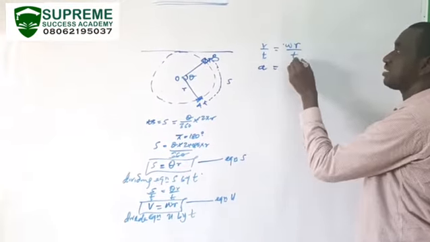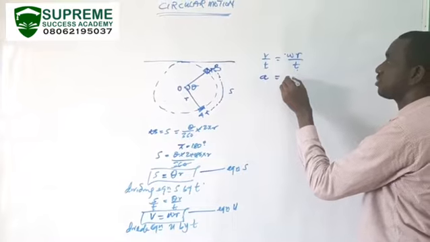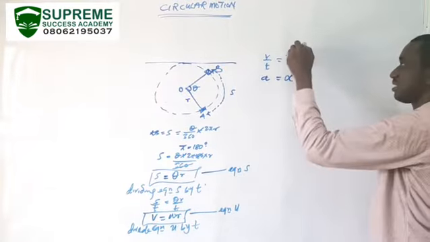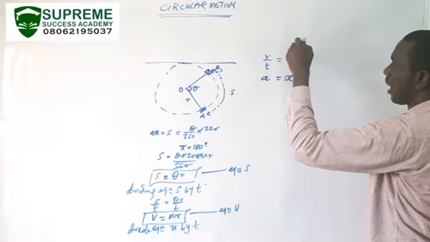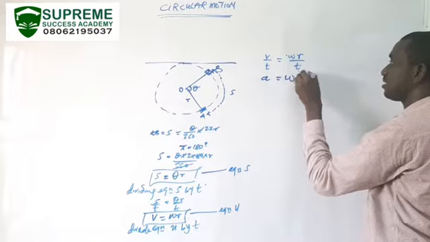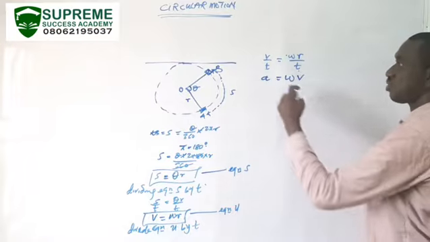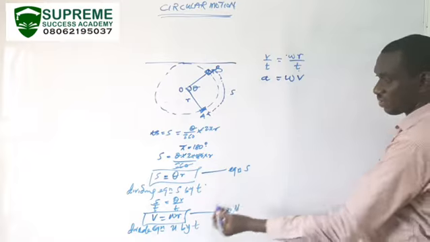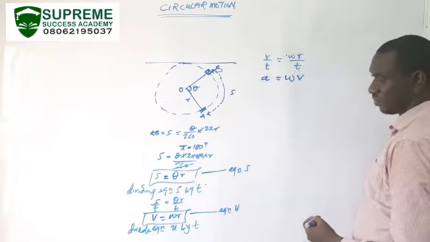Angular velocity divided by T gives you angular acceleration. We use alpha to represent that. Then we have W. The R over T gives us your V. So we have A equals to what? WV.